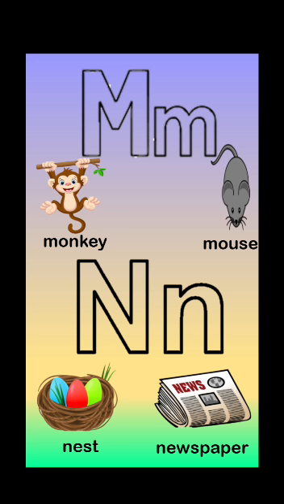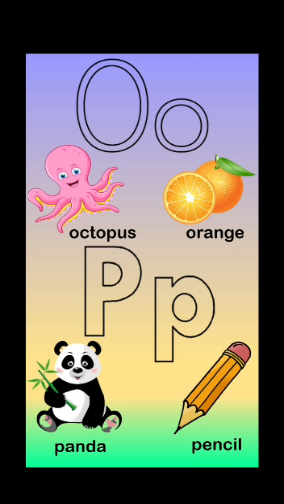Now let's move towards the next letters. The next letter is letter O. And the sound of letter O is O. O for octopus. O for orange.